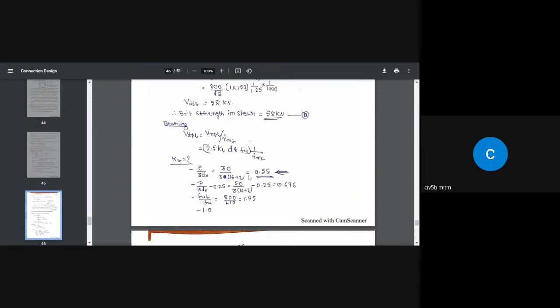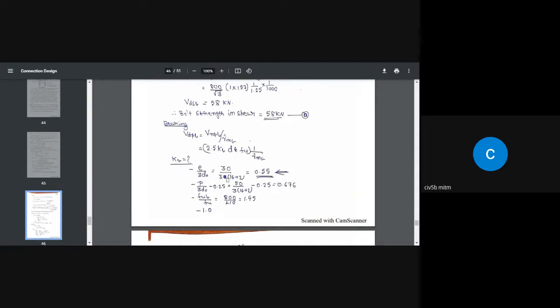So you don't get confused why I calculated e values and p values in the previous problems but not here. In the examination, you can find e and p the way you know now. So I got the value e by 3d0 equal to 0.55.